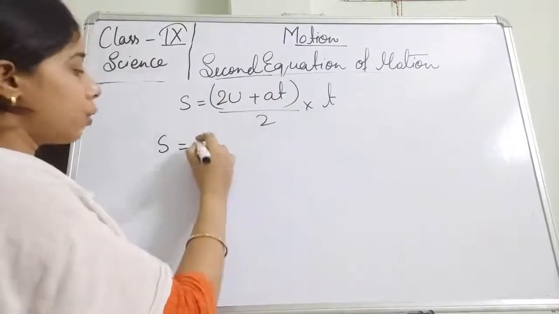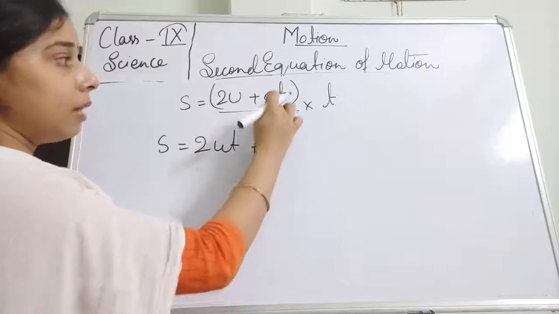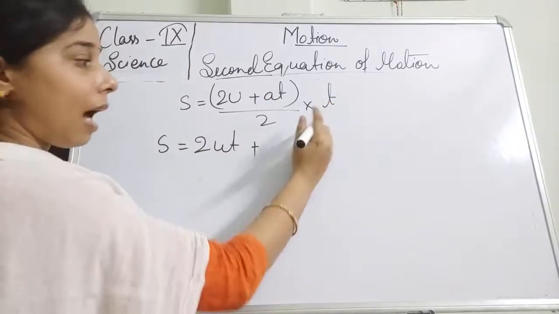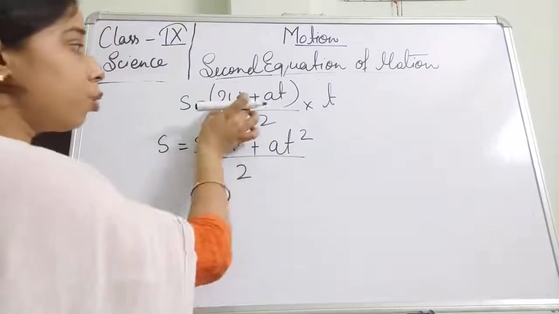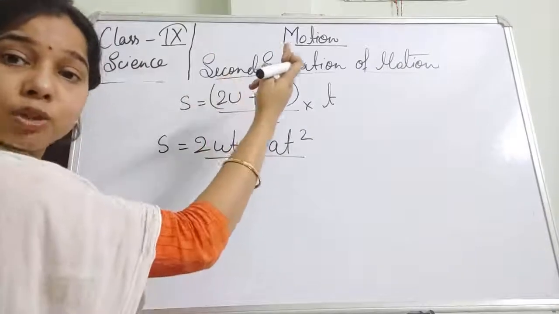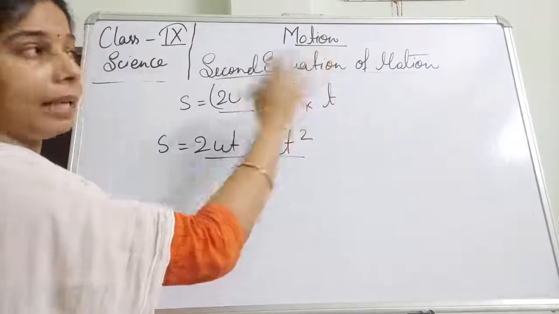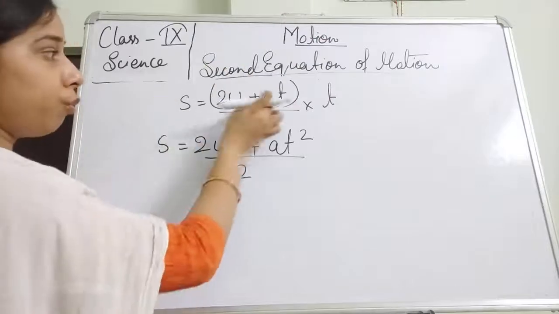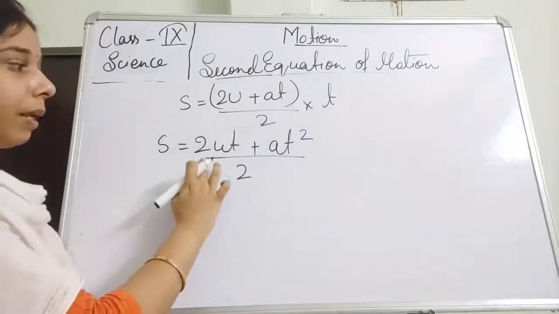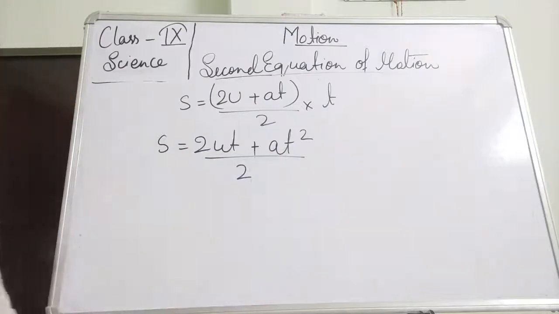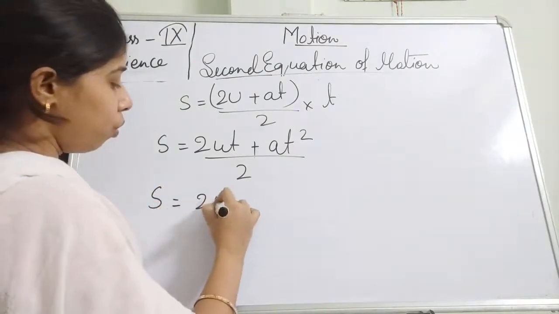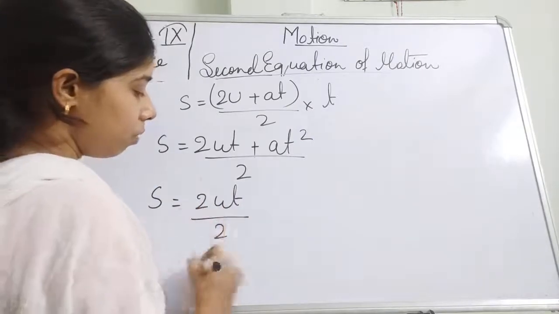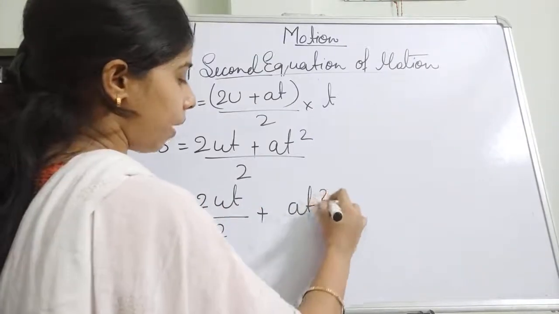So 2u will multiply with t and it will become 2ut, plus this at will also get multiplied with t and it will become at square upon 2. How did this 2u come? By u plus u plus at. So u plus u is equal to 2u. So it will be equal to (2ut plus at square) upon 2. Now we can also write it like S is equal to 2ut upon 2 plus at square upon 2.